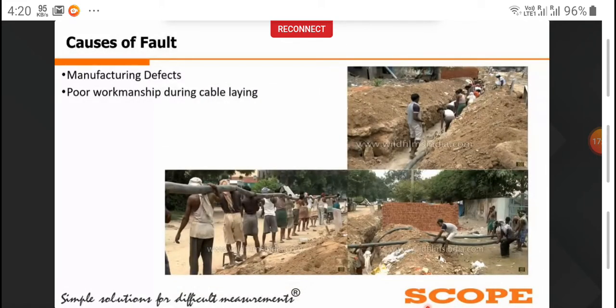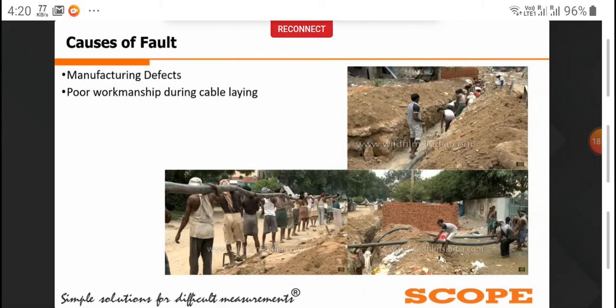The next one is poor workmanship during cable laying. In India, manual cable laying is widely used. Here you can see pictures from cable laying. These pictures are taken from Delhi, in which manual cable laying is used. In the third picture you can see that proper care of the bending radius is not taken in this type of installation.